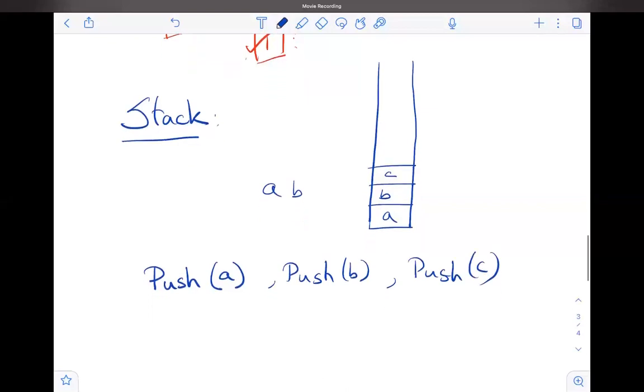Then you have another operation which is pop. Pop basically takes out or returns the last element, the topmost element.